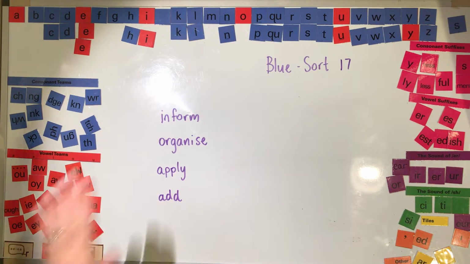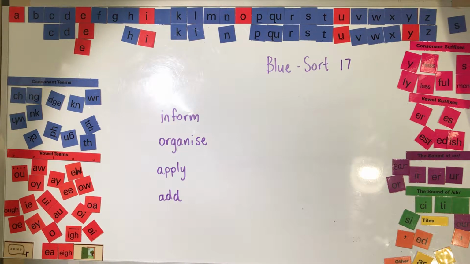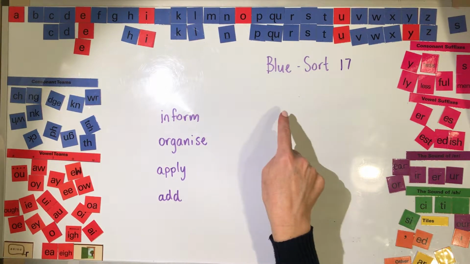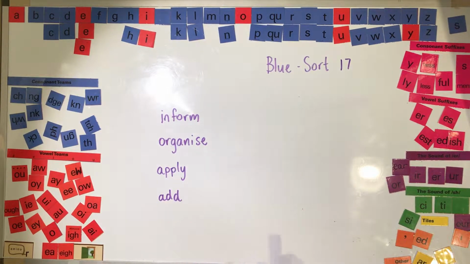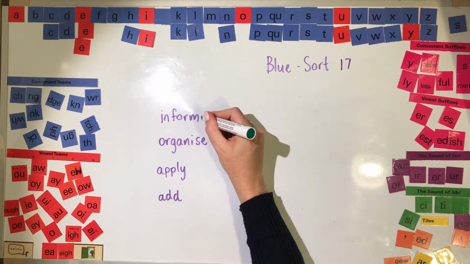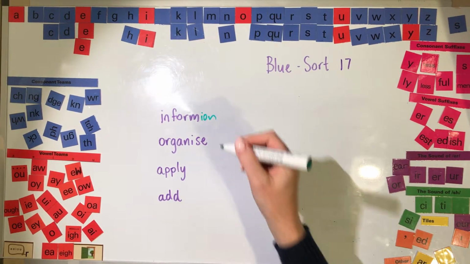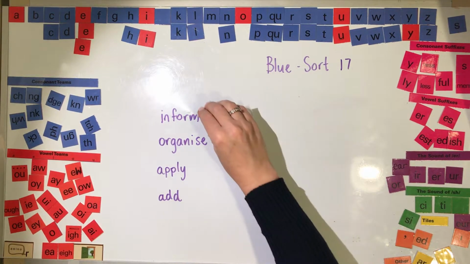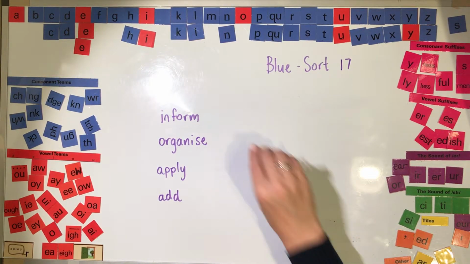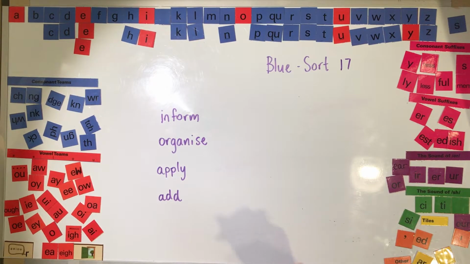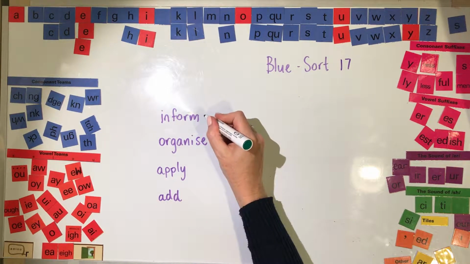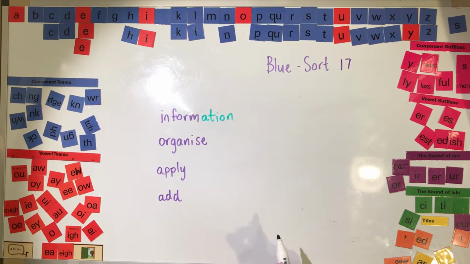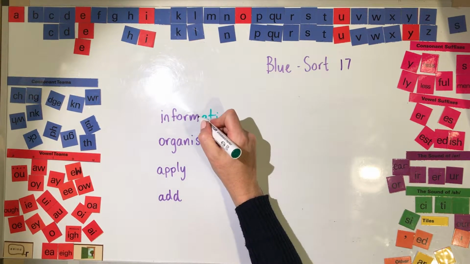You can write those 4 words down, and I'll talk about what we're going to do with each type of word. Okay, so if we want to turn inform into an ION word, we don't say informant. That's just not a word. Hopefully you might know without me even saying it, but I'm sure you'll recognize this word if I show you. Information. So you can see here, I'm adding ation.